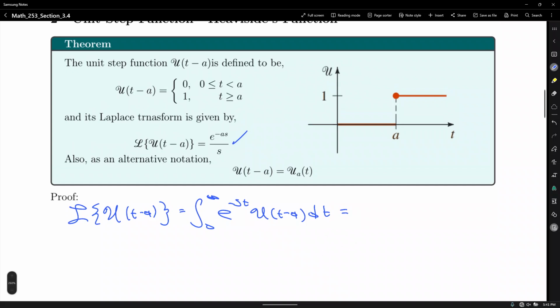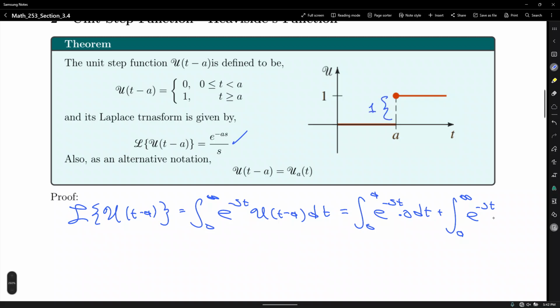Well, in this case, we're going to split this into two integrals. One integral for the function f of t equals 0 between 0 and a. So that's the integral from 0 to a of e to the negative st. Between 0 and a, what's the value of the function? Isn't that the horizontal line y equals 0? dt, plus the integral from a to infinity of e to the negative st. And what's the value of the function at that point?